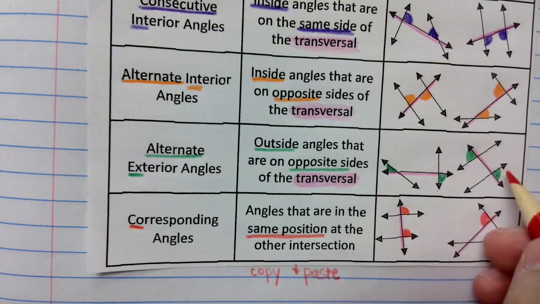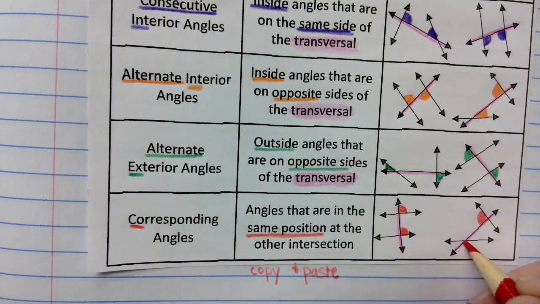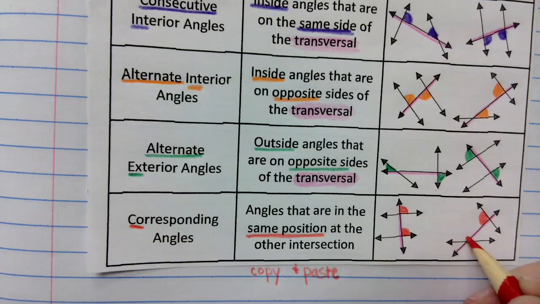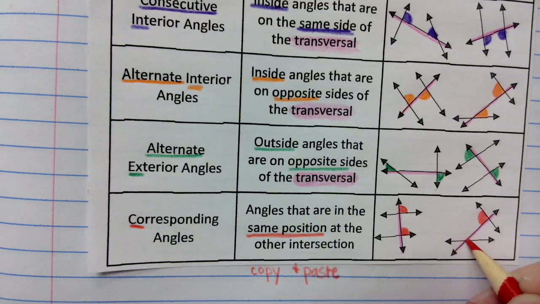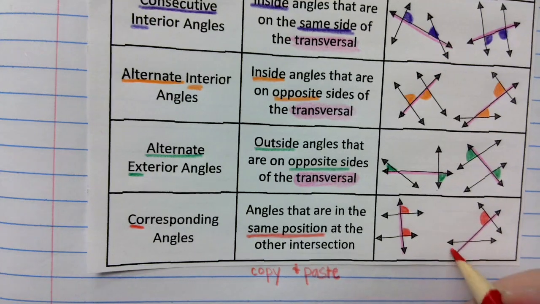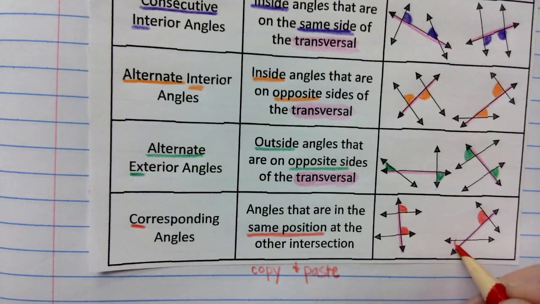So I'm going to go to the other intersection. Do I want the one kind of above, the one off to the right, the one kind of below, or the one kind of to the left? This one? Yeah, kind of down to the left. This one's goofy.